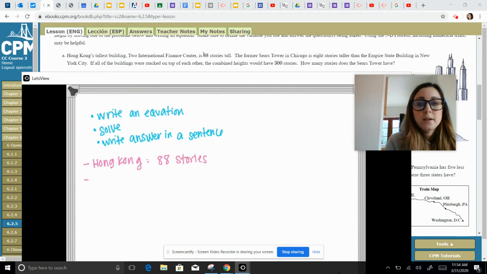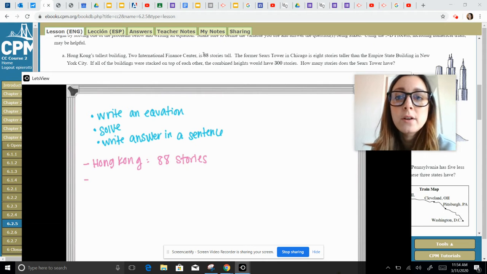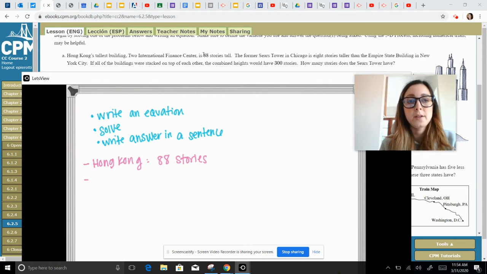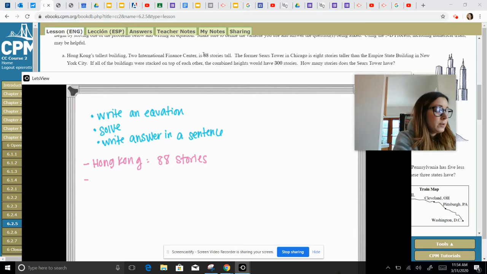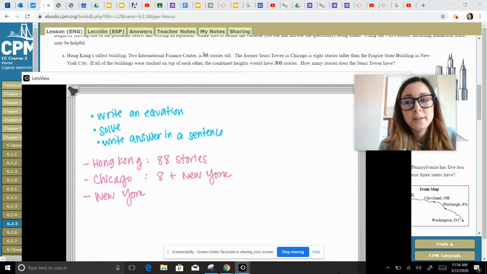And then this former Sears Tower in Chicago is 8 stories taller than the Empire State Building in New York. So we know that Chicago's tallest building is 8 more than New York. And then we have New York, but they don't give us any other information on that.